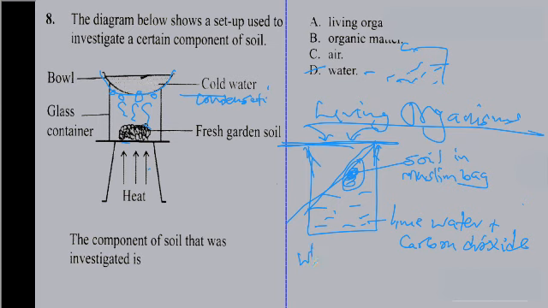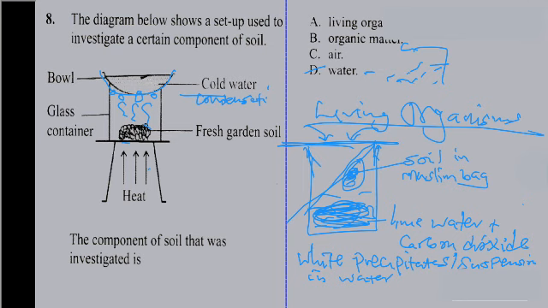And so we expect to see white precipitates or white suspension in that lime water. So the color will change to something whitish, like some water to which some little milk has been added. That confirms to us that the living organisms were in this soil, and so they gave out carbon dioxide which mixed with lime water to form white precipitates.